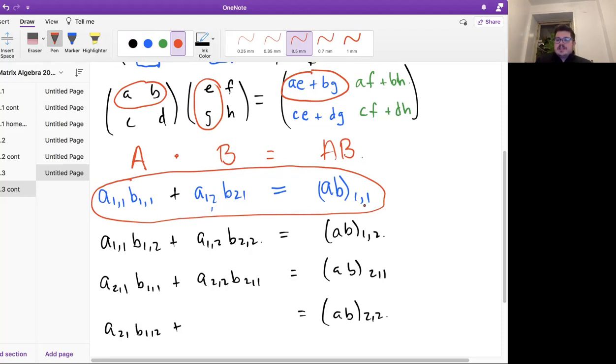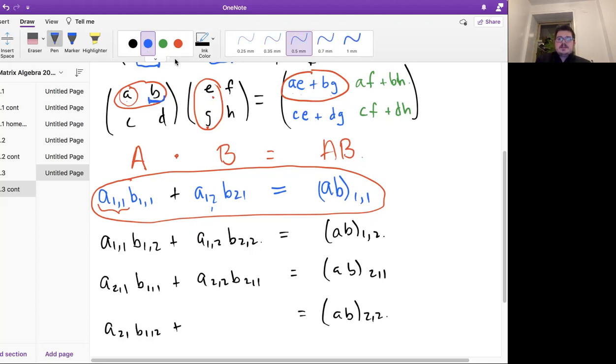Remember, this represents the row and the column. So AB11 is the first row, first column here. And where are these entries? AEBG. This entry A is A11. A12 is here. This is first row, second column.